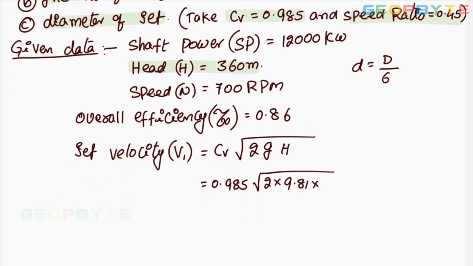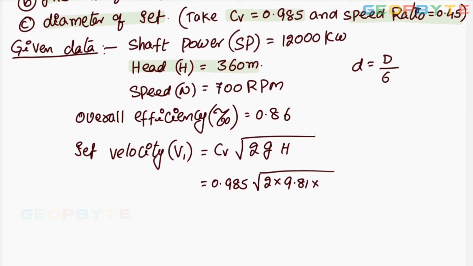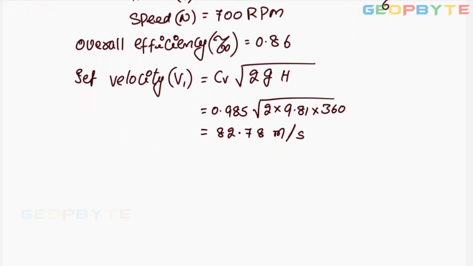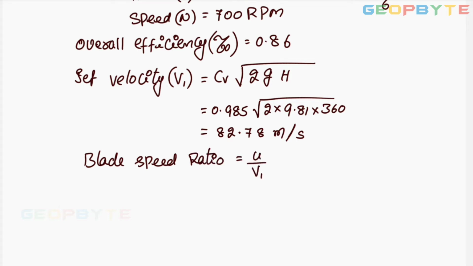Head is 360 meters. You simplify this value for getting around 82.78 meters per second. Then blade speed ratio, U by V1, given 0.45.